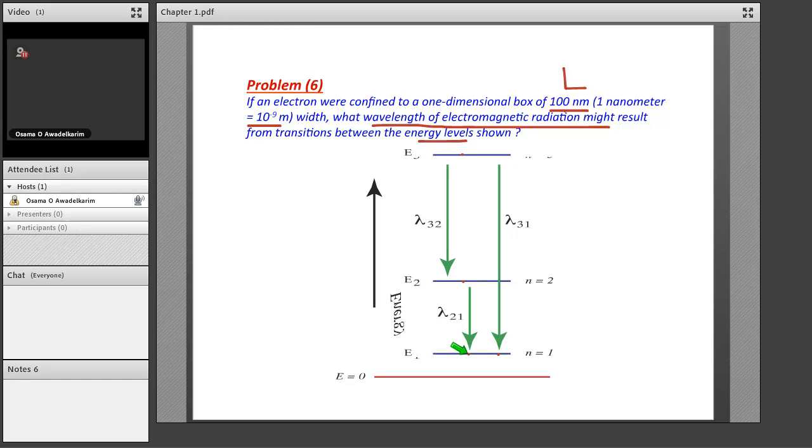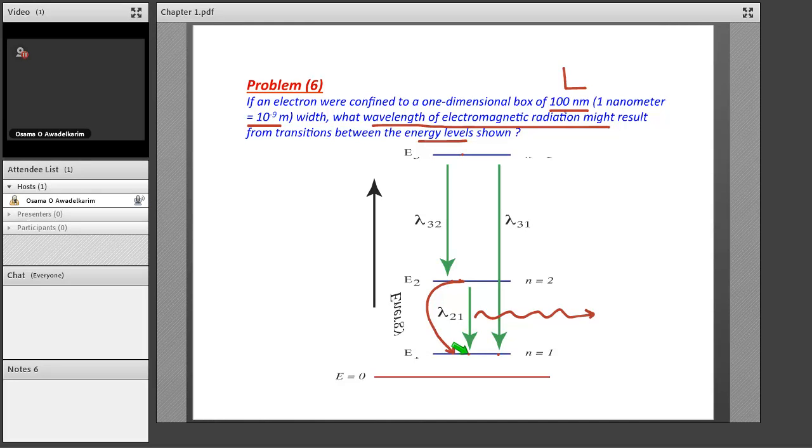If I give it some energy, some excitation, could be thermal by heat, or it can be electrical by giving it an electrical signal, then the electron can go up here because it has more energy. Once I switch off the heat or the electrical signal, then the electron drops back to the ground state. And what happens? It loses the difference in energy between E2 and E1. And therefore this energy goes out as a photon.